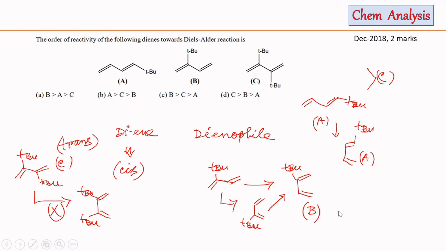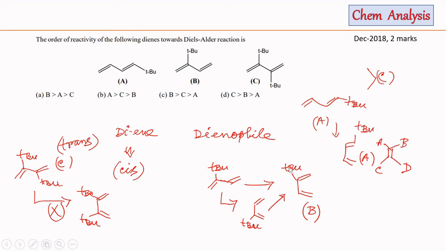Now between A and B, when A reacts with a dienophile, suppose this is the dienophile and these are four substituents, since there is a tertiary butyl group at the terminal carbon of the diene, it will feel steric repulsion with the substituent on the dienophile.